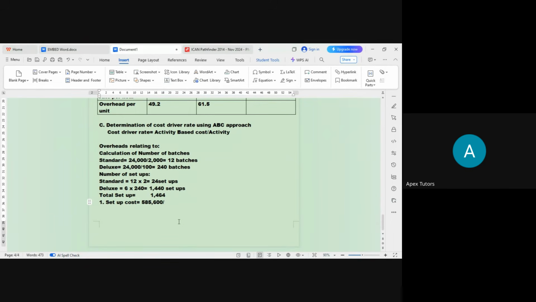The total number of setups is 1,464. So the result will be what? 400.